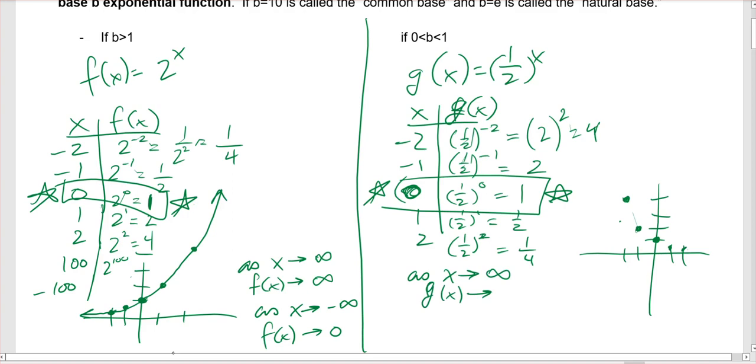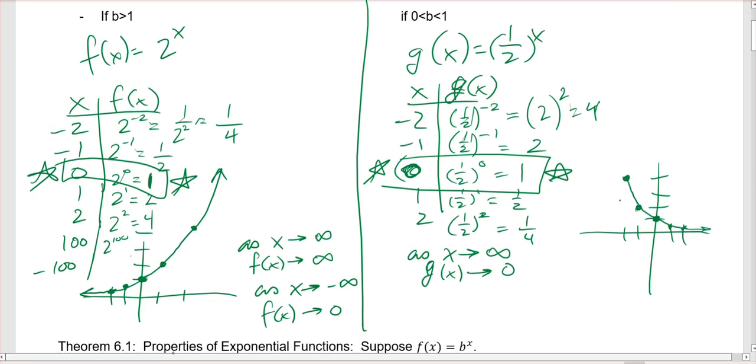So on this one, as we go from left to right, as x goes toward infinity, our function value is going to go toward 0, right? And as x goes toward negative infinity, our function value is going to do the opposite of what the other one did, right? It's going to go toward infinity. So it looks like these things are reflections of each other. So we go way up.